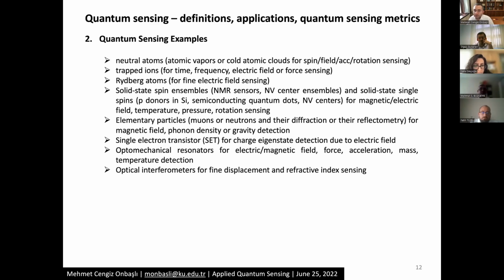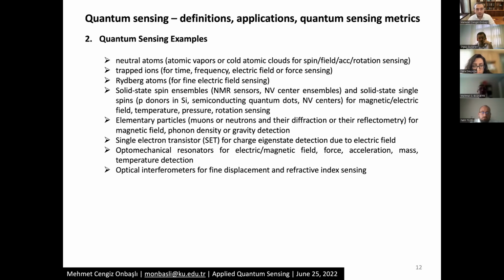That's why it can be quite useful, for instance, to bridge these sensors as an intermediate component between quantum components like quantum computers and quantum networks that bring entangled states from the other end of the continent.